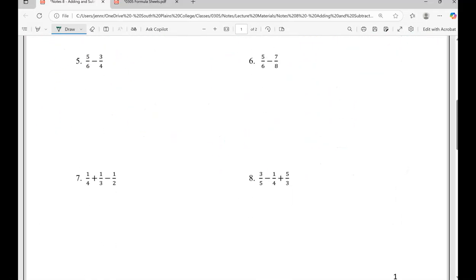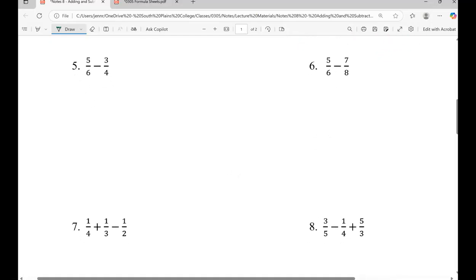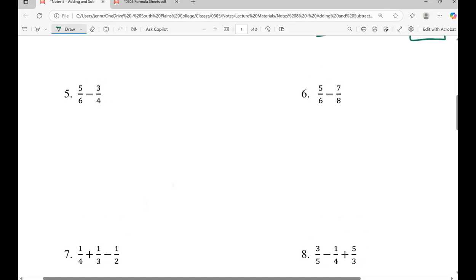4 more examples of these, and then we will shift gears. Why don't you pause and try number 5 and 6? Now, if you already know what your common denominator should be, you can go straight to it. But for those of us who are still trying to catch on, let's keep making our least common multiple list.